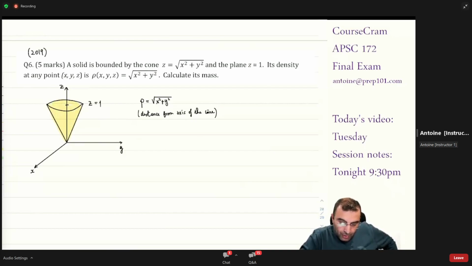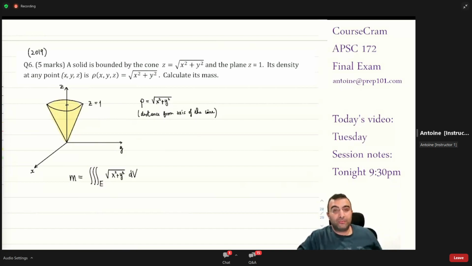So the mass of this region is the triple integral over that region E, which we're going to learn how to parameterize, of the density dV. So what's x doing, what's y doing, what's z doing? The easiest bit is what z is doing.